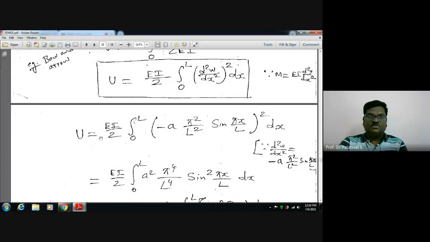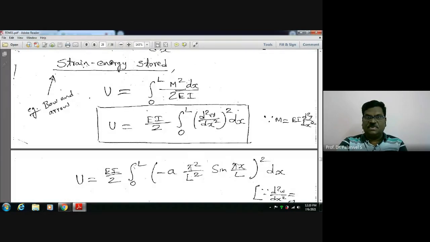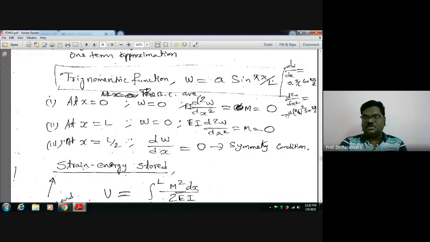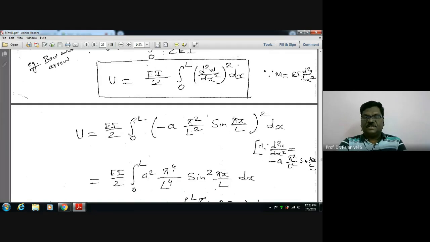U equals EI divided by 2, integral 0 to L, of d square w by dx square, which is equal to minus A into pi by L whole square into sine pi x by L, whole square, into dx.